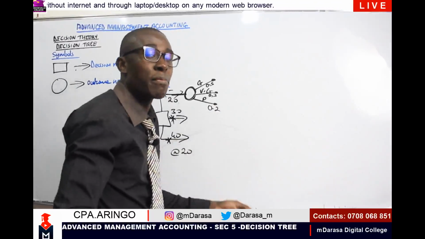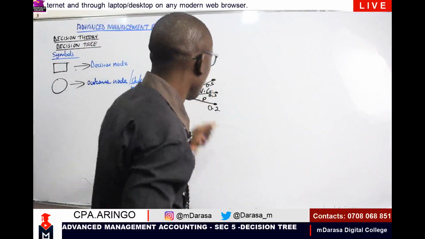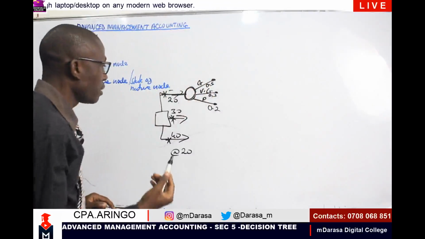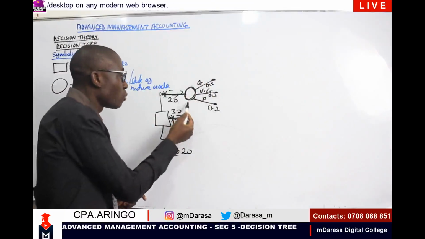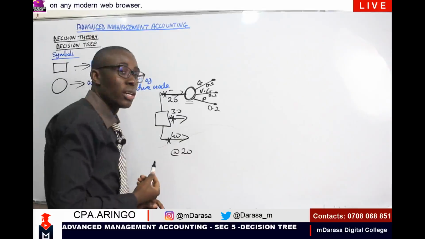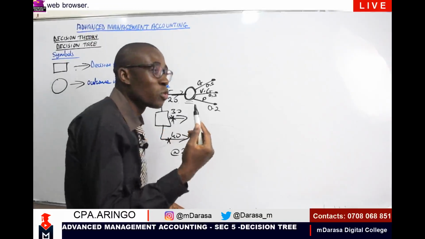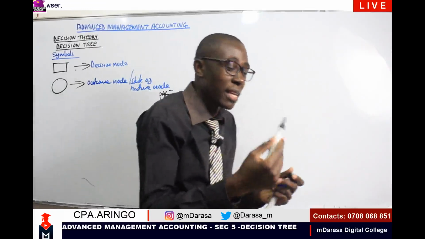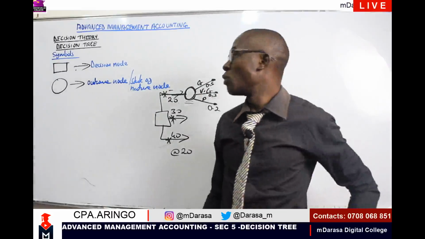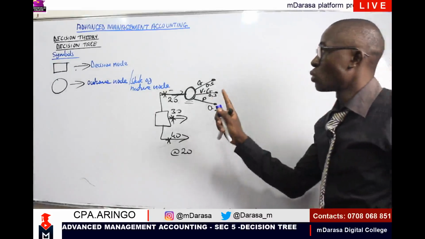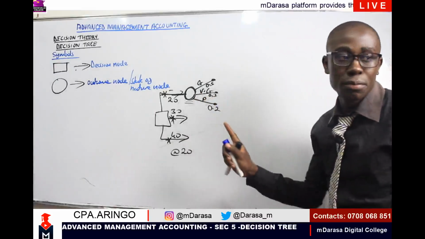So anytime you have this node in your decision tree, always keep in mind that what follows is the outcomes and their probabilities. This was very important for us to note when dealing with decision trees.